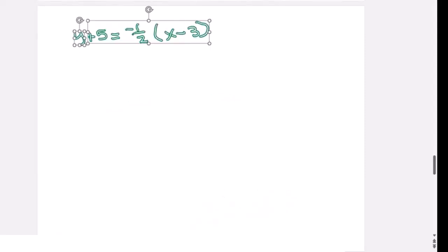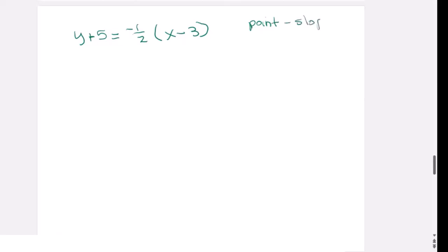And then what we're going to do next is turn it into slope intercept. Okay, so we start with this. This is in point slope. Next, I'm going to put it in slope intercept.